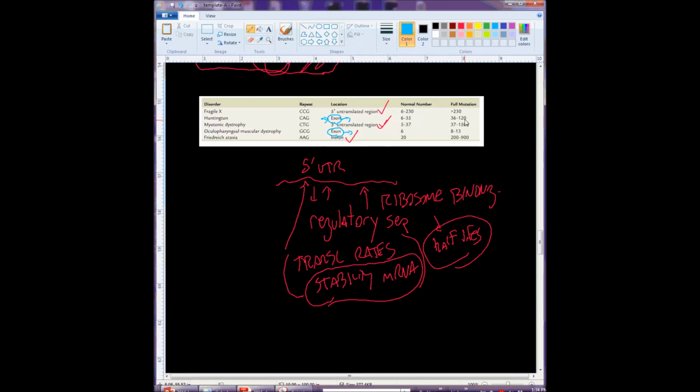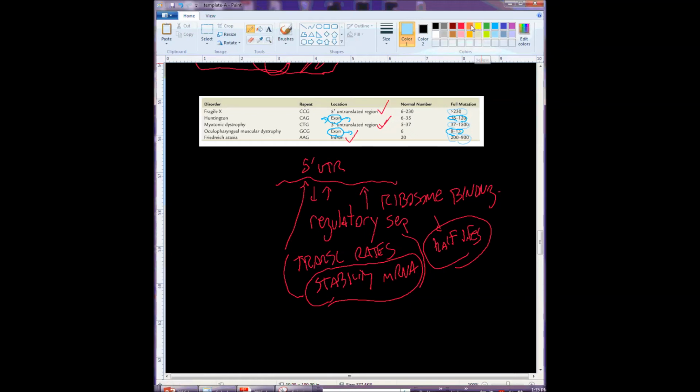And we can see that the number of repeats are smaller when they're in the exons than when they're found in the non-coding regions, like the intron here, 37 to 1500, and the 3' UTR of myotonic dystrophy, and over 230 in fragile X. So why might that be the case?